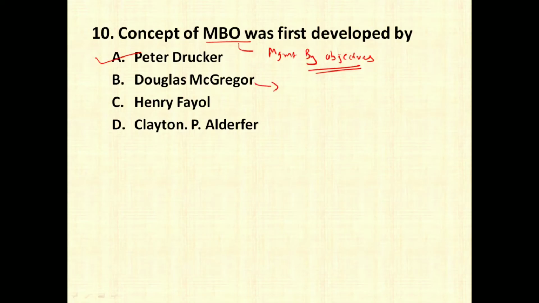MacGregor has given very popular theory of motivation, which is theory X and theory Y. Remember this also. Henry Fayol, as I said, is father of general management, and Clayton Alderfer again has given a very popular motivational theory which is called ERG theory, which is extension of Maslow's theory of motivation.